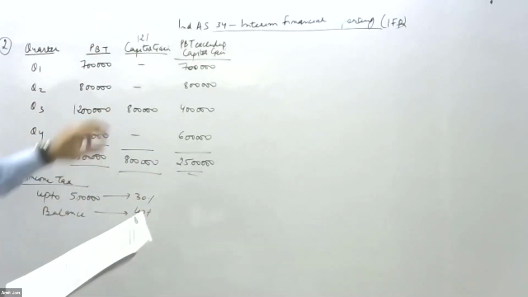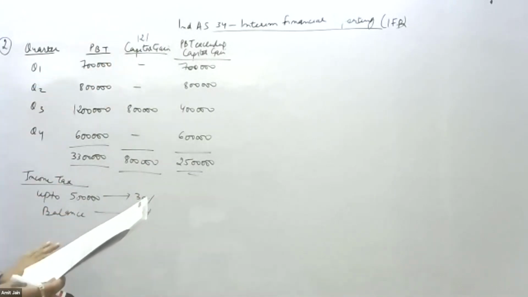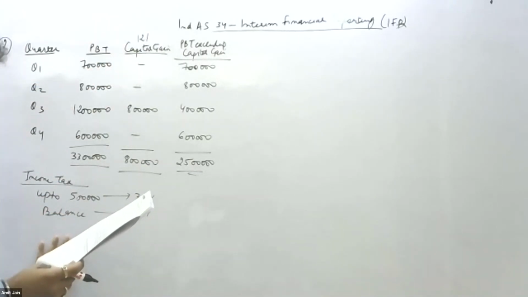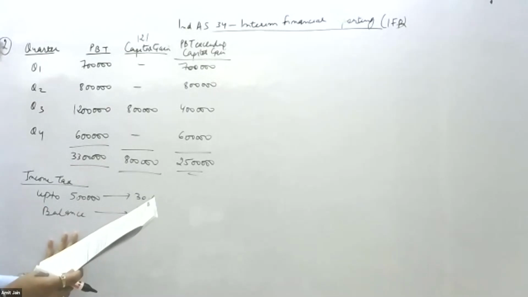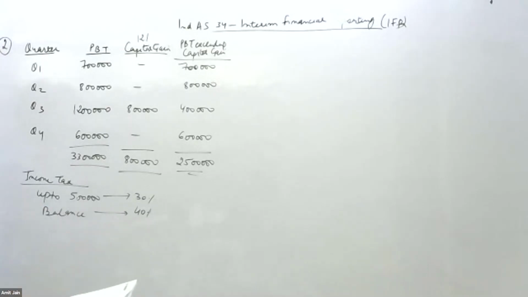On capital gain it is 12%, and tax on the other income is 30% up to 5 lakh rupees, and the balance income is 40% on the balance portion.